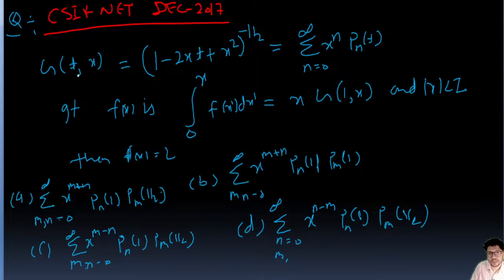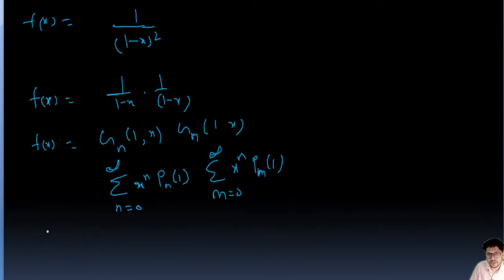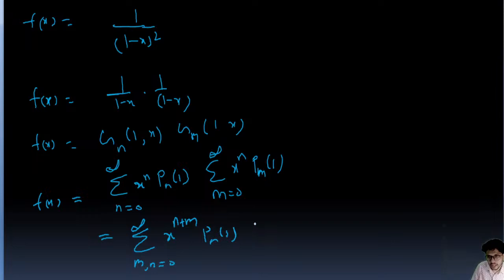So f(x) value is going to be this, and we'll write it combined: the sum over m, n equal to 0 to infinity of x to the power n plus m, pn1, and pm1.